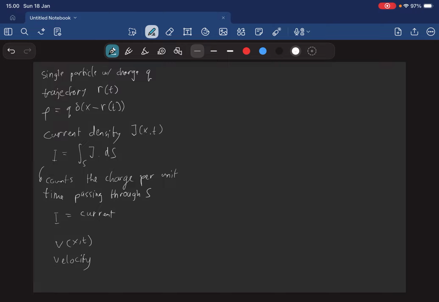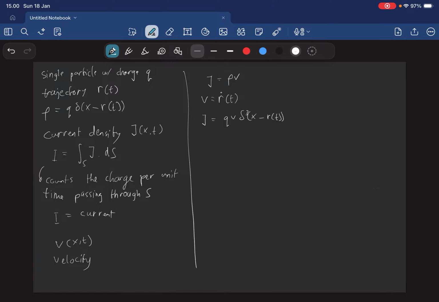Then, neglecting relativistic effects, the current density is J equals rho times v. In particular, if a single particle is moving with velocity v equals r dot of t, the current density will be J equals Q v delta of x minus r of t.